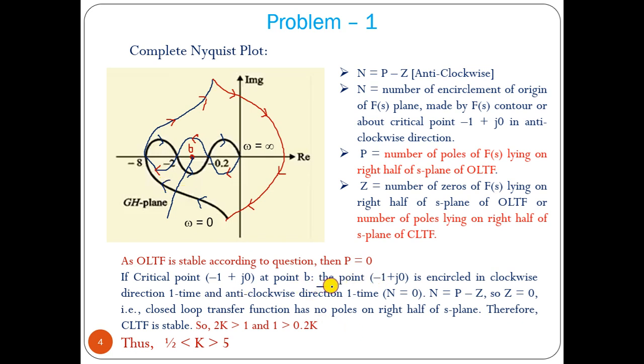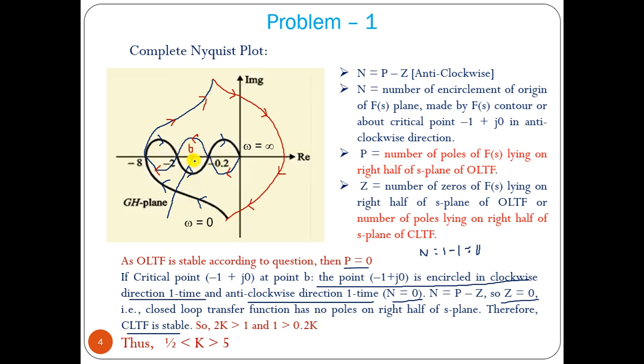So if point B is the critical point minus 1 plus j0, it is encircled in clockwise direction one time and anti-clockwise direction one time, then N becomes 0. N equal to anti-clockwise plus 1, then clockwise minus 1. So N equal to 0. We know P equal to 0, so Z equal to 0. N equal to P minus Z. So the system is stable. The closed loop transfer function is stable for this particular point.